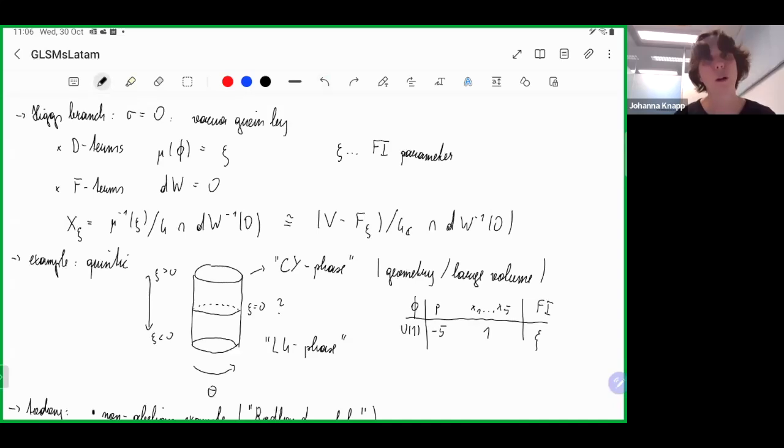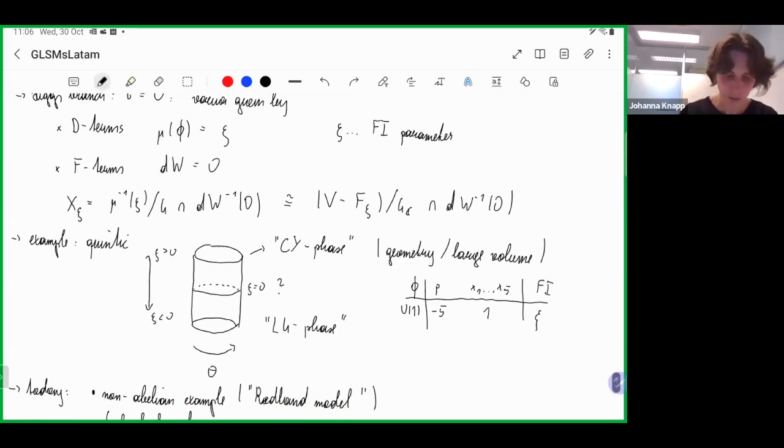So the main example that I will discuss throughout these lectures, also when we come to D-branes, is the standard example and probably the first one of the motivations I think that the GLSM was invented for, which is the quintic Calabi-Yau. This is a famous Calabi-Yau threefold, which also plays an important role in areas like mirror symmetry, topological string theory, and so on. So it's an interesting model to study. And what we found is that this can be engineered by a U1 gauge theory.